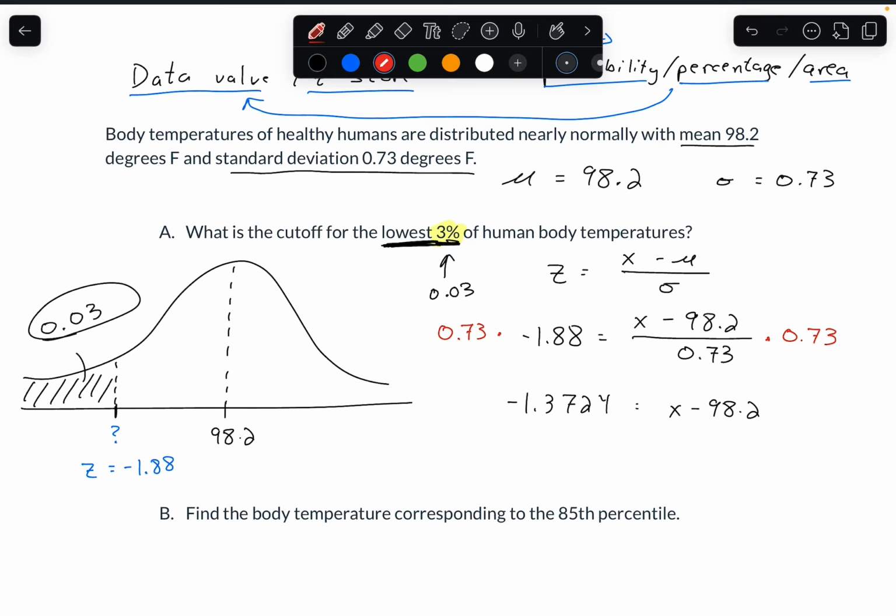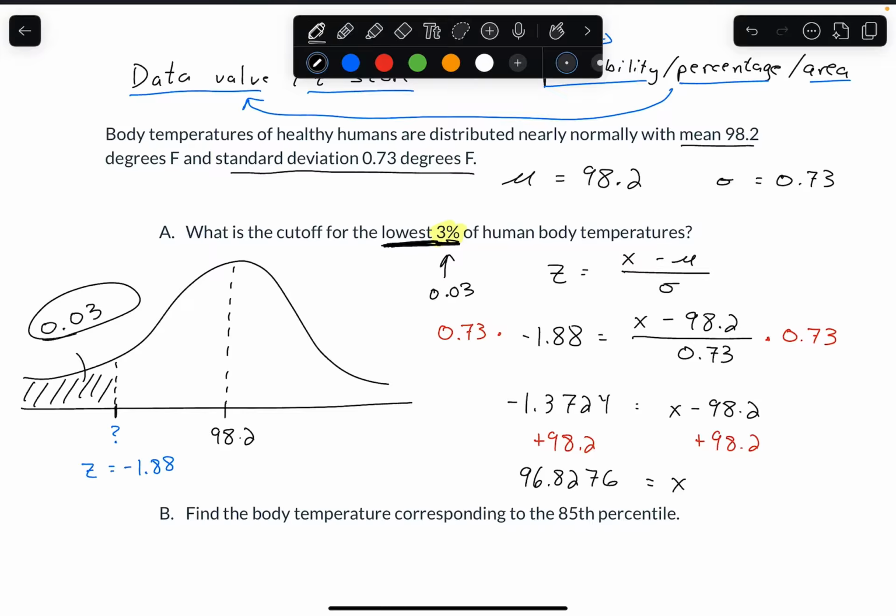And then to finish up my algebra again, I'm solving for x, which means I need to get rid of this minus 98.2. Well, the opposite of subtraction would be, of course, addition. So plus 98.2 plus 98.2. So I end up with x on the right-hand side, which is what I want. So I ended up with 96.8276.